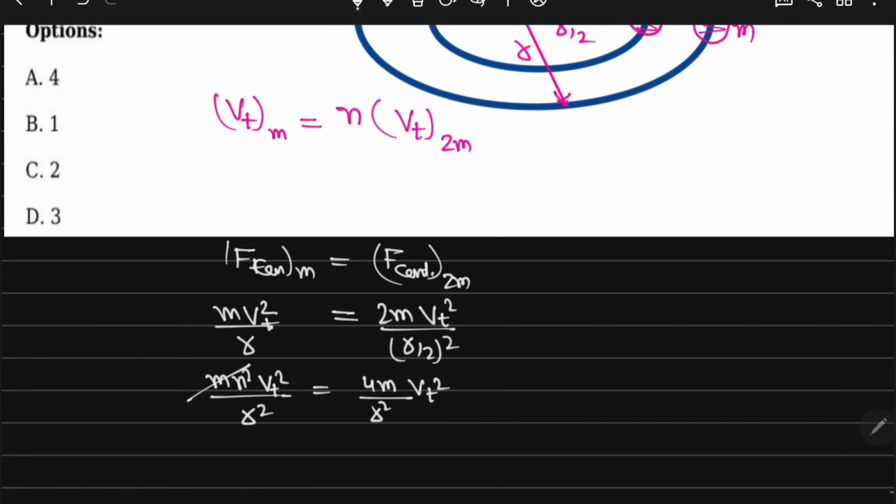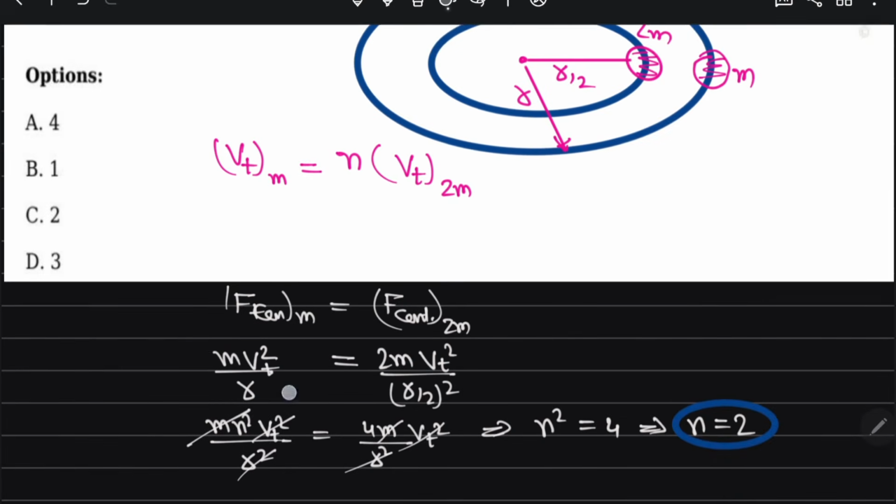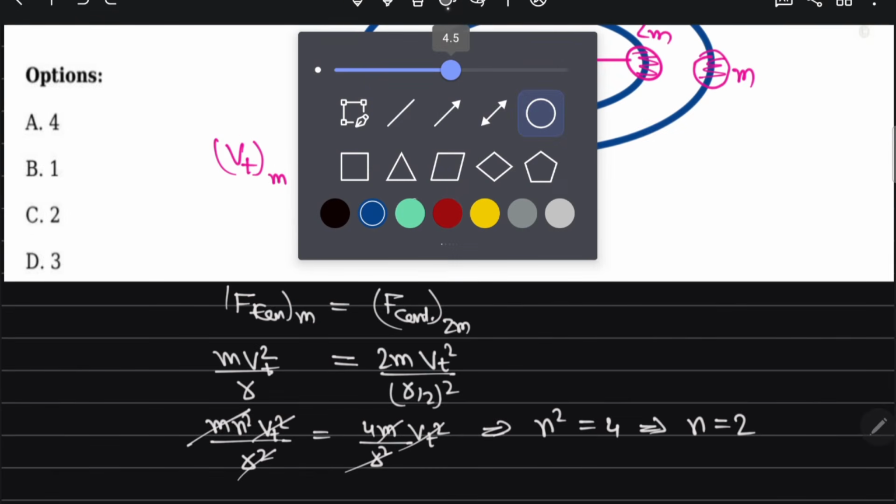So m, v_t square and r square cancel. Left is n square equal to 4. So n comes out to be 2.